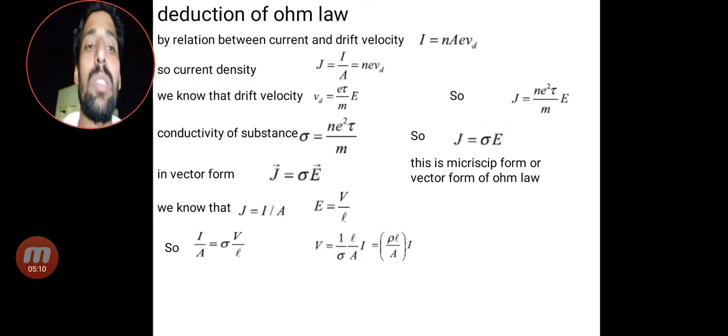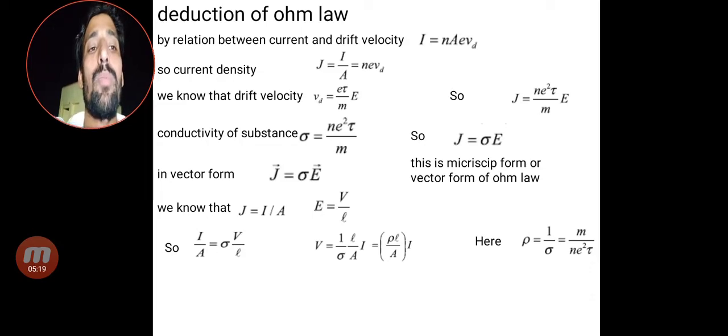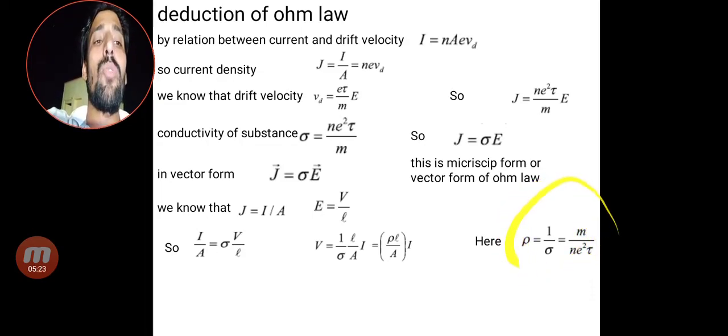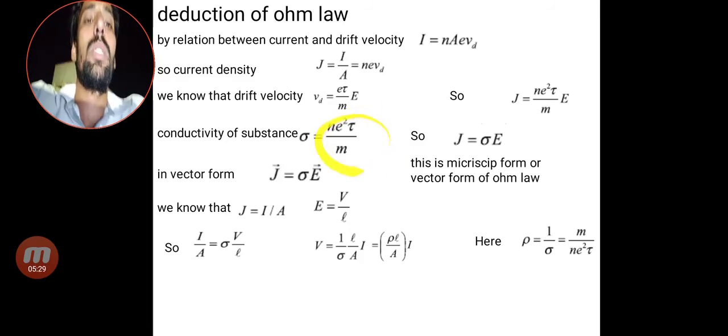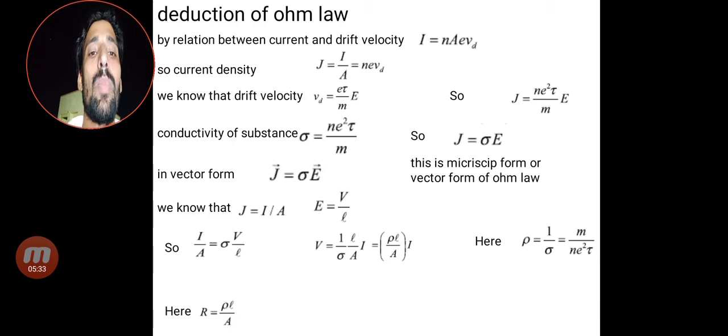Resistivity is represented by rho. Rho is the inverse of sigma, or resistivity is the inverse of conductivity. So, for the numerical value, we take the inverse of this term. Capital R, the resistance of the wire, is rho L by A.